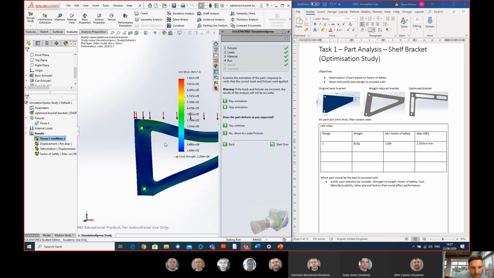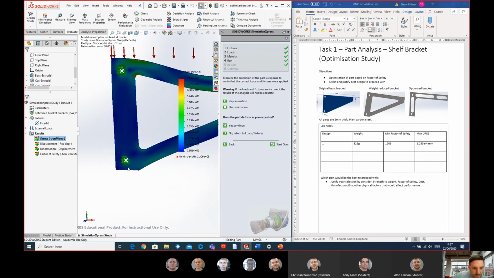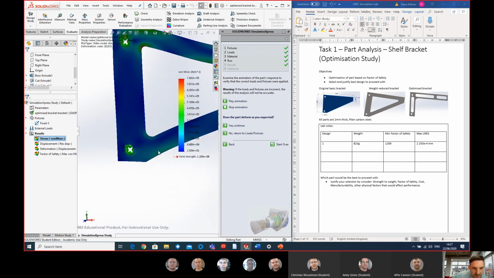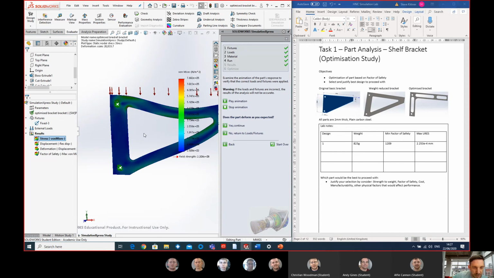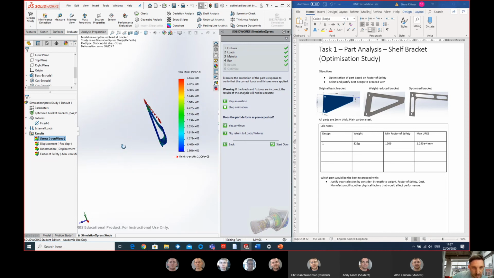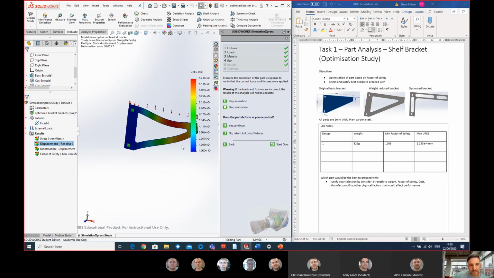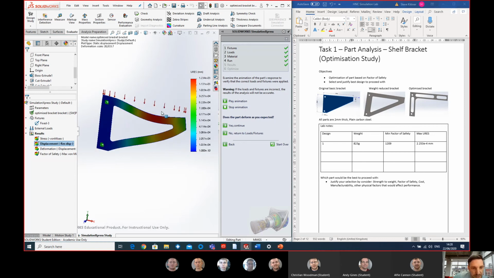But we've got a bit more stress up around the top and a little bits on the bottom. So again, not a huge amount. Okay, and it's all staying quite nice. Let's look at the displacement. So now we've moved the most amount of displacement from the front to this middle bit here. So that would tell me that this is probably one of the weaker parts of this model.